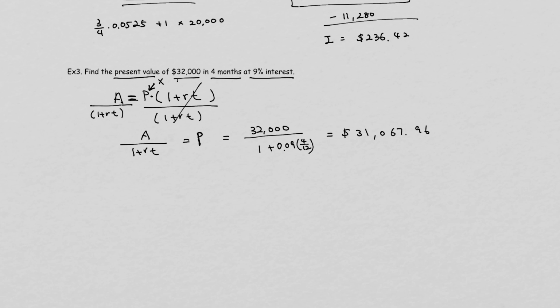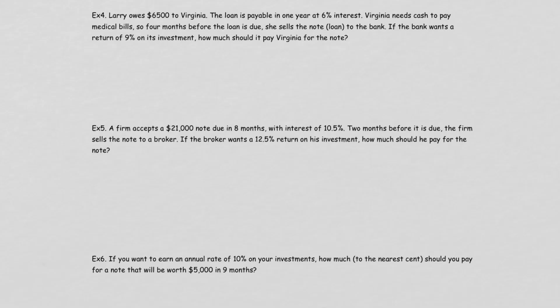So that's the principal. And this is how you're going to find one of the other variables. It doesn't have to be amounts. It could be principal. It could be rate or time.